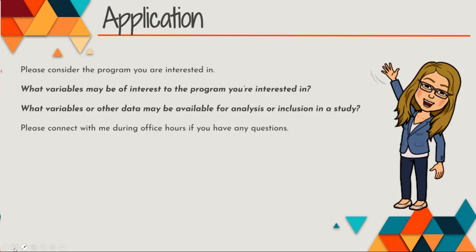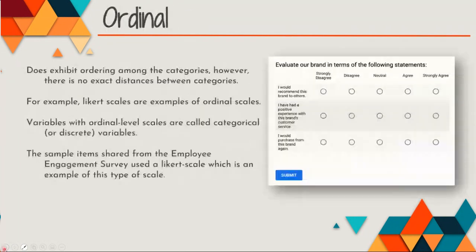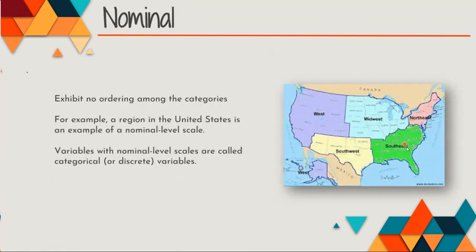So when you think about the program that you're interested in studying for the course of the semester, what variables may be of interest to the program? What information might they like to collect on their participants or clients? Or if you're interested in doing a multi-site study where you are working with a health organization that has multiple organizations across the United States, what types of demographic questions might you need to include to ensure that you're capturing the appropriate demographic information of participants at a site in the Southwest or West or Midwest or Southeast?